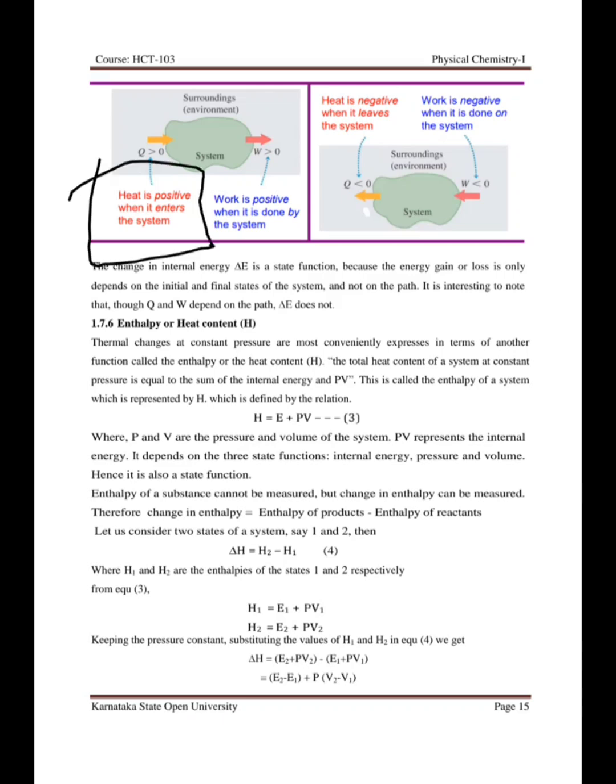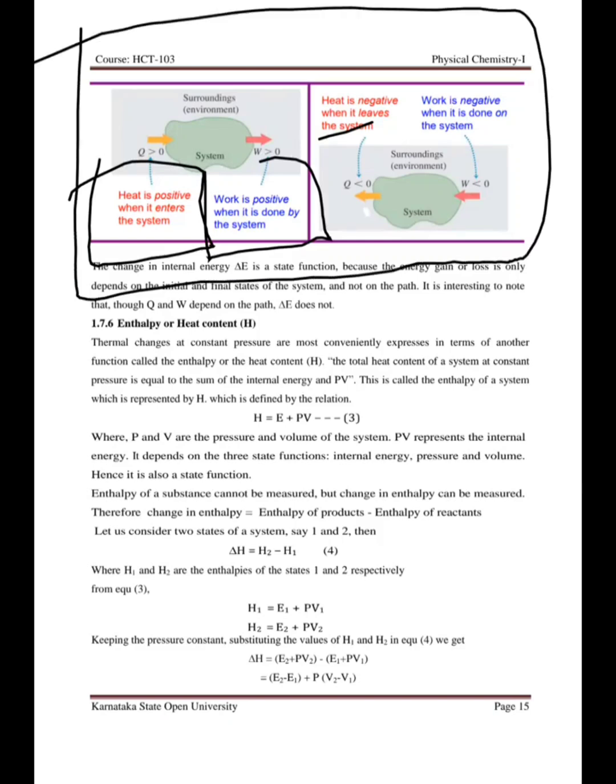When W is greater than 0, the work is done by the system. Heat is negative when Q is less than 0, when it leaves the system. Work is negative when W is less than 0, that is, when work is done on the system.